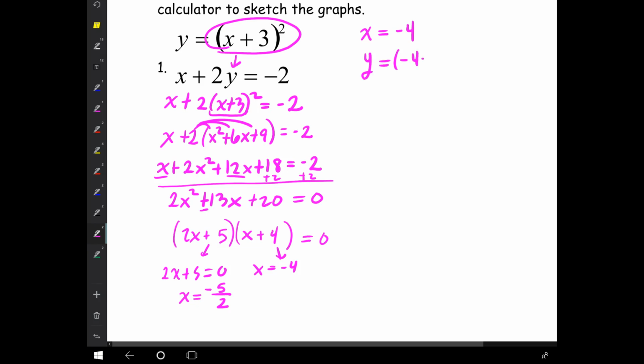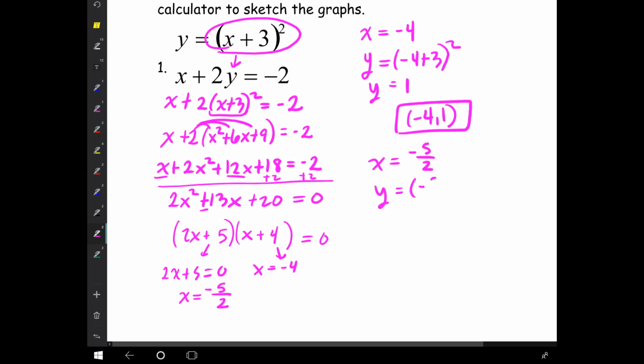y is equal to negative 4 plus 3 squared. And negative 4 plus 3 is negative 1. Negative 1 squared would give me 1. So that means one solution point that I should see come up on my graph is negative 4, 1. And then when I plug in x as negative 5 halves, I have y is equal to negative 5 halves plus 3 squared.